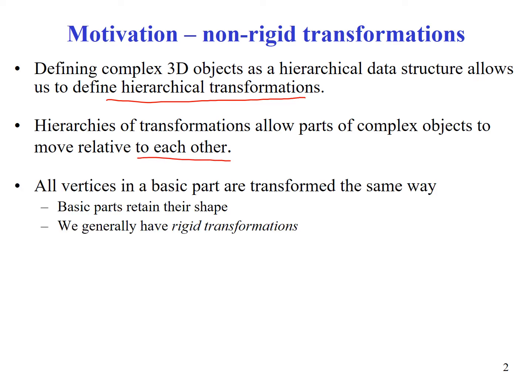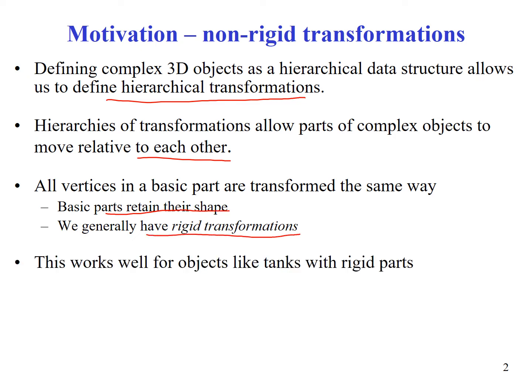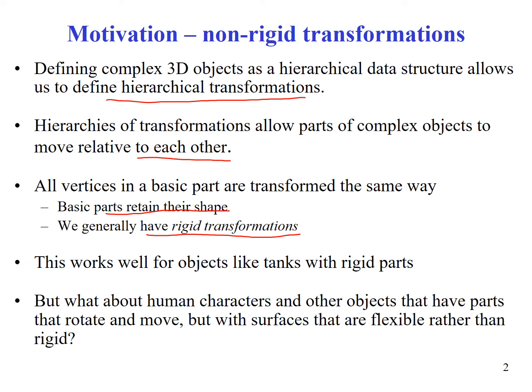All vertices in a basic part are transformed the same way. That is, basic parts retain their shape, and we generally have rigid transformations. This works well for objects like tanks with rigid parts or robots. But what about human characters and other objects that have parts that rotate and move, but with surfaces that are flexible rather than rigid?